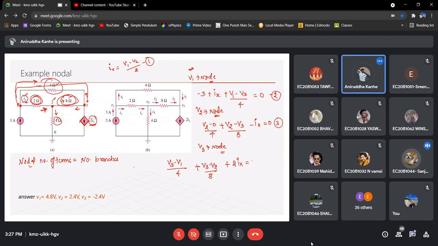And that is towards the negative, right? The current is coming towards the node, right? Yeah, I will write it here. Current entering the node we are considering as negative.